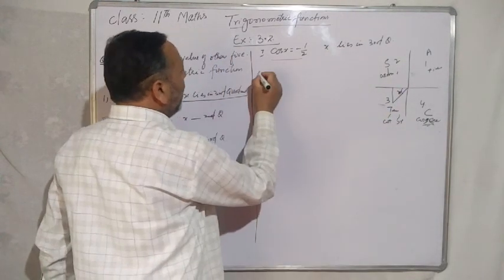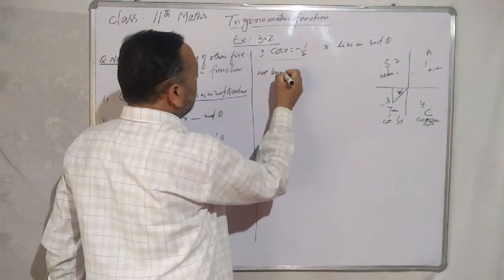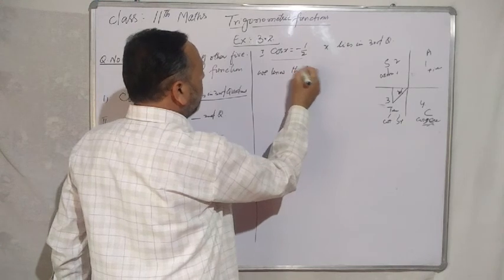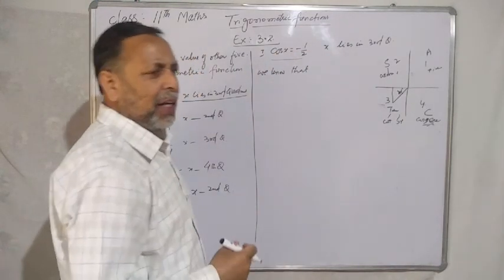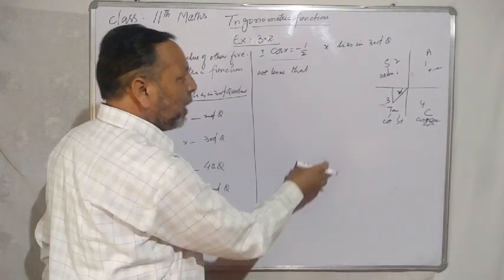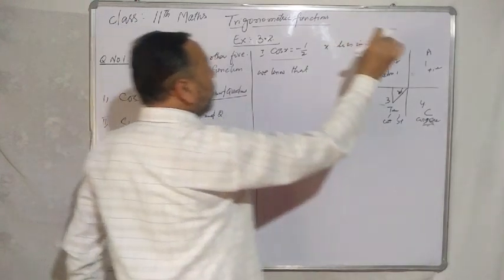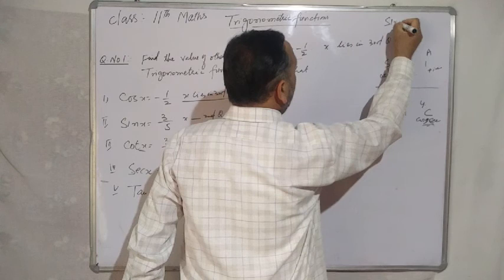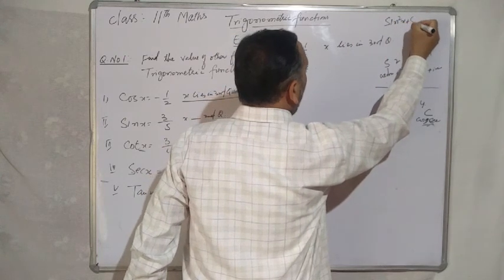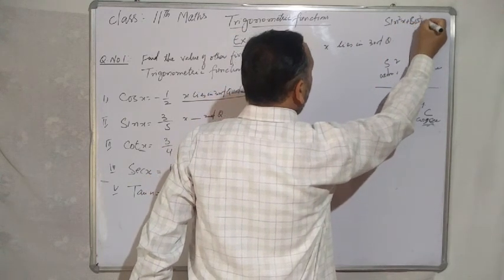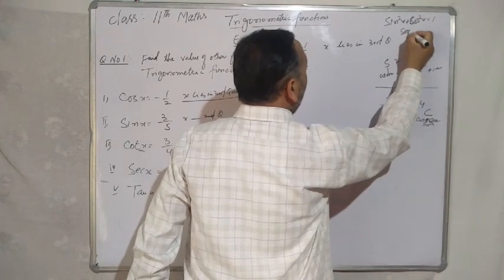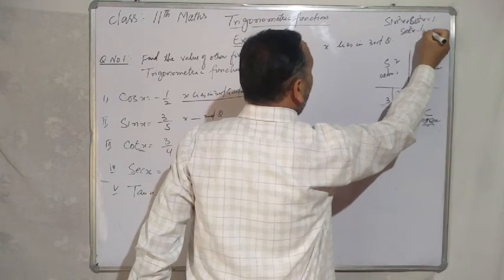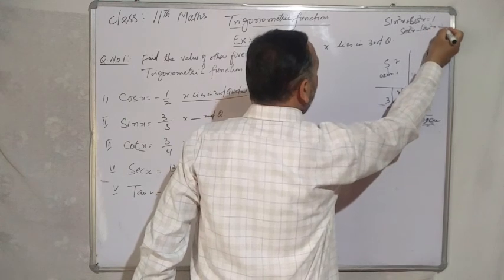Now we know that. We have already discussed some trigonometric identities earlier in class 10th. We will use those identities here. Let me write those identities here. We know that sine square x plus cos square x is equal to 1. And sec square x minus tan square x is equal to 1.